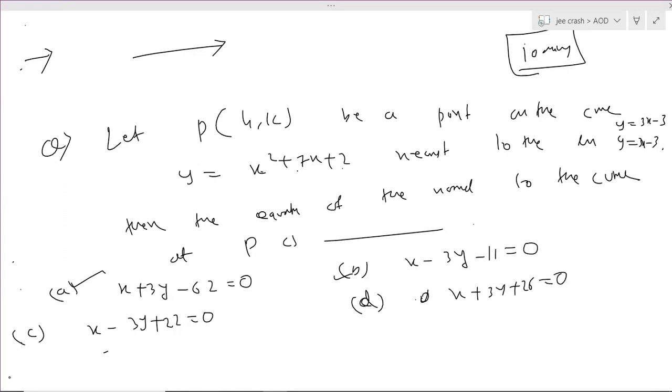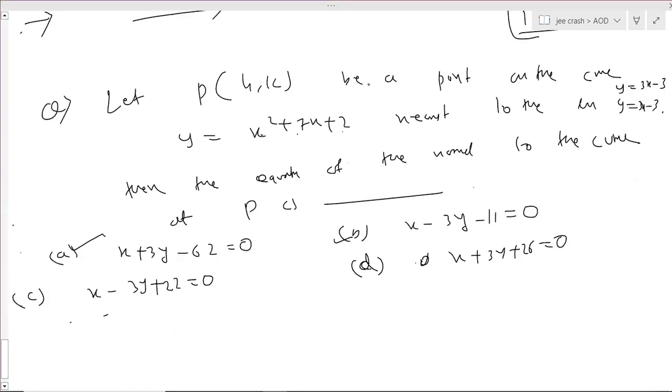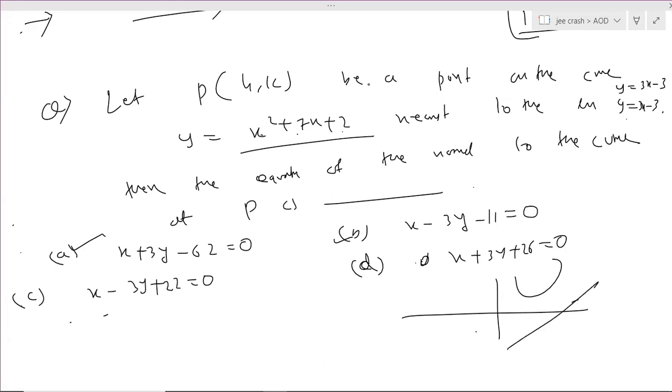All right, please solve it. I'll give you one hint. Nearest means, suppose this is the parabola they have given you, and y equals to 3x minus 3. So y-intercept is this. Suppose this is the line they have given you. Then can I say the nearest point?